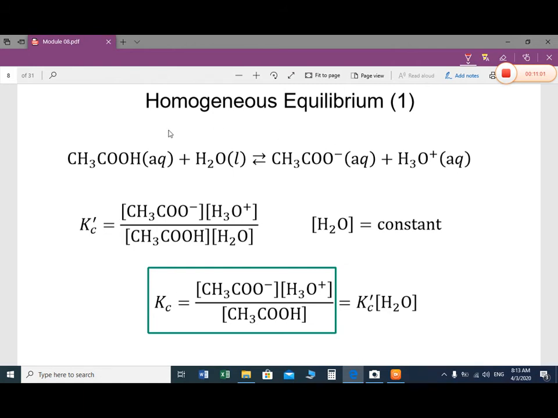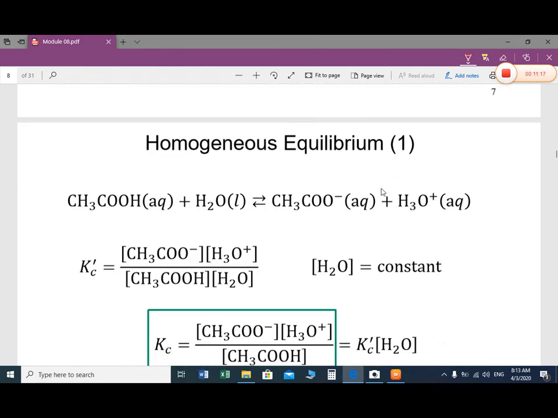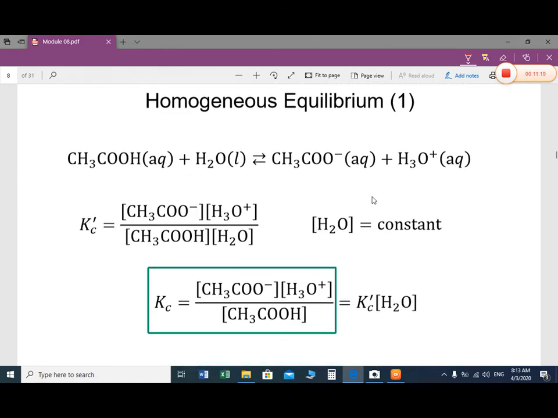If we write the complete equilibrium expression, then we mention all the two products and the two reactants. But because I told you in the above case that pure solids and pure liquids must be removed from the equilibrium expression, look here, the concentration of the water is not changing, it remains the same. So we have to remove this water.